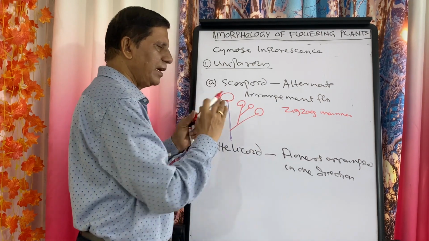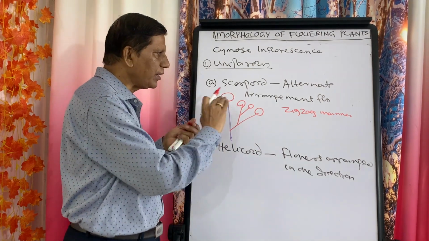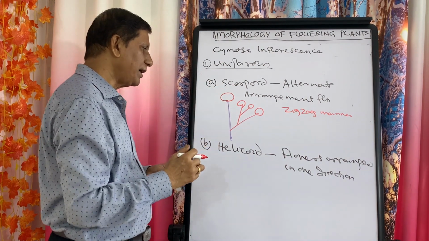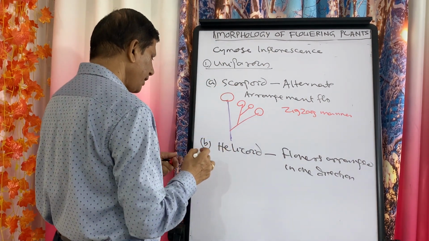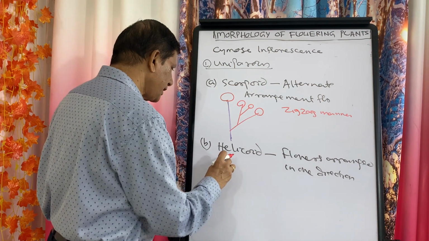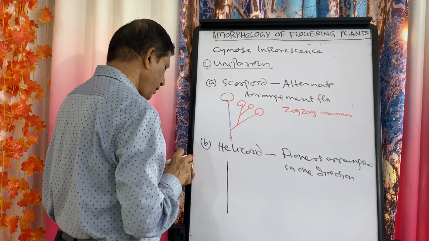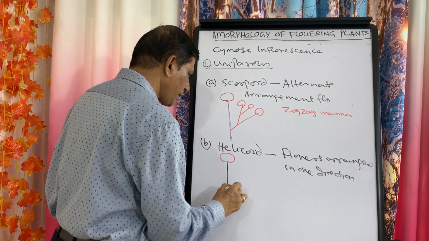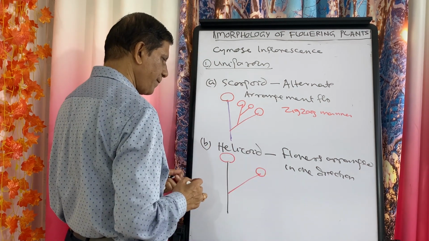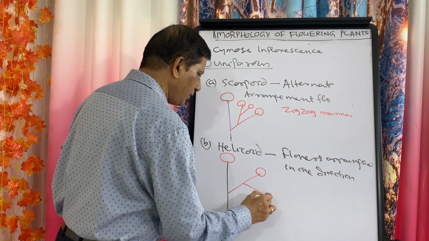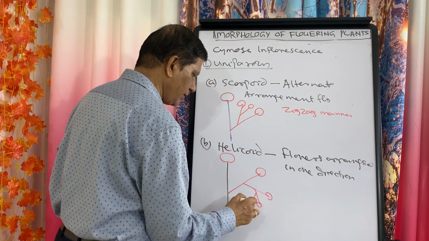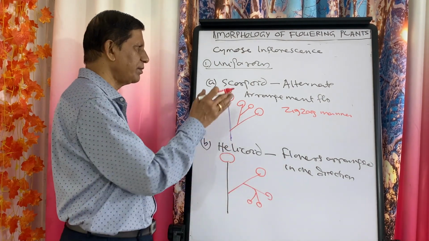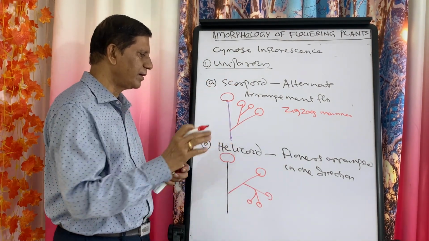That means they are arranged in alternate directions. This is known as the scorpioid type. While in the case of the helicoid type, all the flowers will be on the same side. Suppose it terminates with a flower, then the next comes to the right side, then again to the right side, again to the right side. That means all the flowers are in the same direction. This is the basic difference between scorpioid and helicoid.